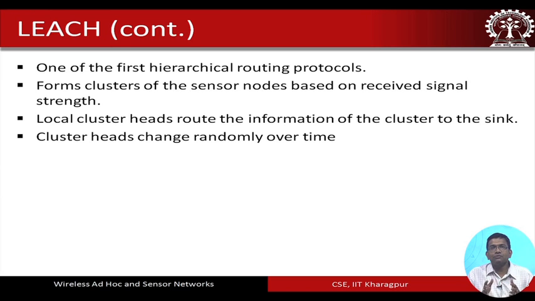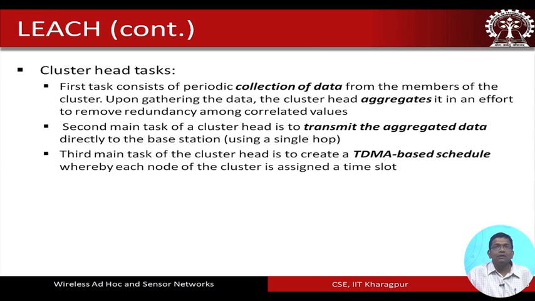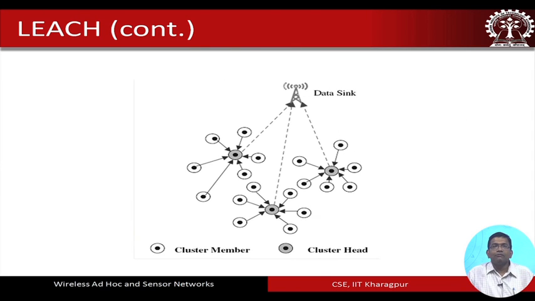One thing that we had seen when we were discussing LEACH on other occasions is that the cluster heads in LEACH are assumed to maintain one hop connectivity to the base station, as we can see in this particular figure. We have different clusters that are formed like this, and there is a cluster head. The cluster head is responsible for aggregating the data that is reported by the cluster members, and that aggregated data is finally sent to the sink node through one hop connectivity like this.